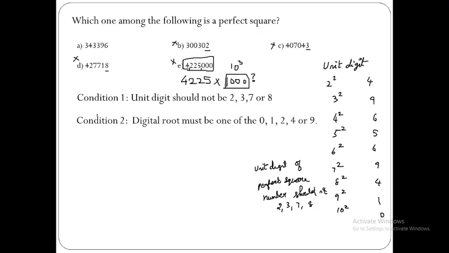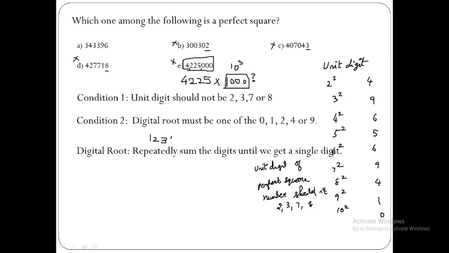So let's check with the second condition. Condition 2 is that the digital root must be one of 0, 1, 2, 4 or 9. What is the digital root? Digital root means repeatedly adding the digits. Suppose our number is 12345.